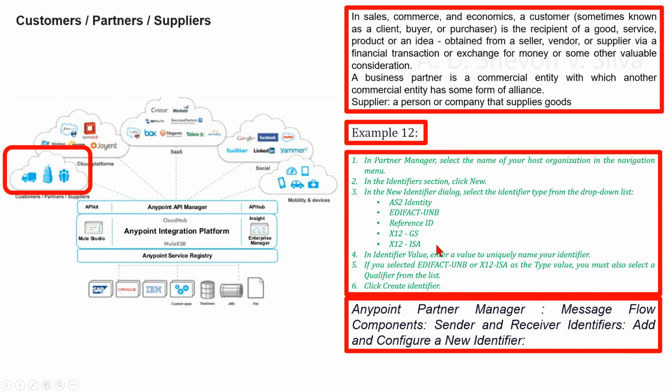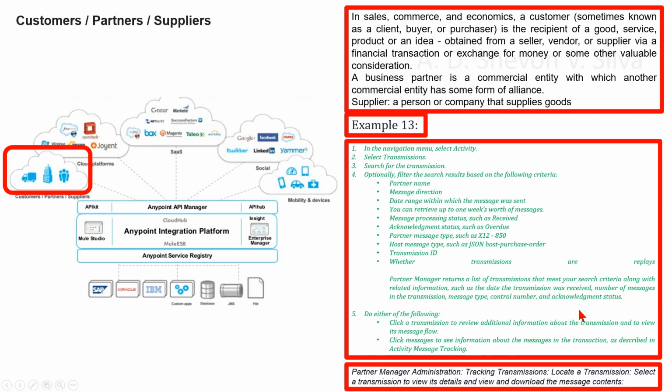In the new identifier dialog, select the identifier type from the drop-down list: AS2 identifier, EDIFACT UNB, reference ID, X12 GS, X12 ISA. In the identifier field, enter the value, the unique name of your identifier. If you selected EDIFACT UNB or X12 ISA as the type, you must also select a qualifier from the list, and then click create identifier.